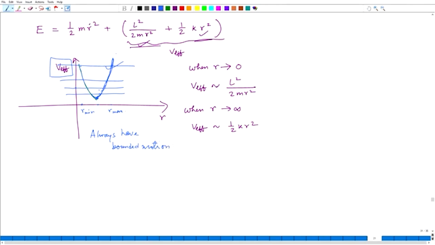Okay. Now, what happens at this point? Many questions can be answered if we know this. So, V effective will have some minimum value.